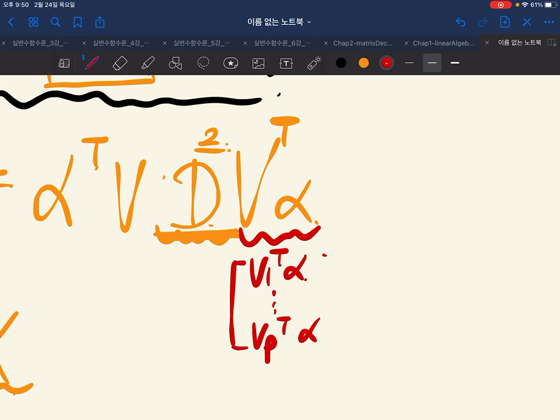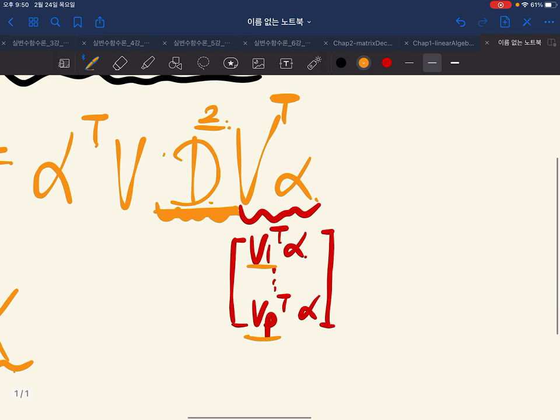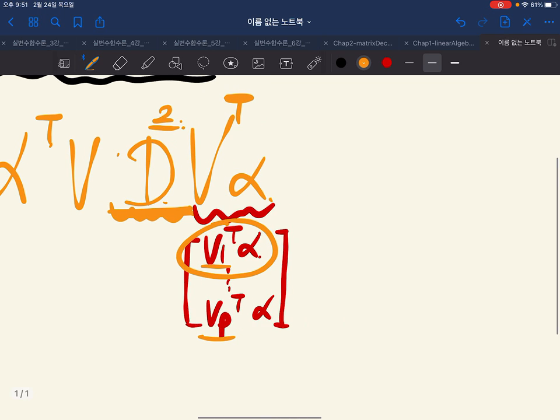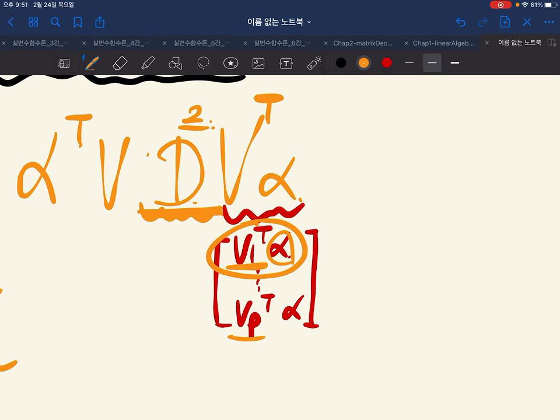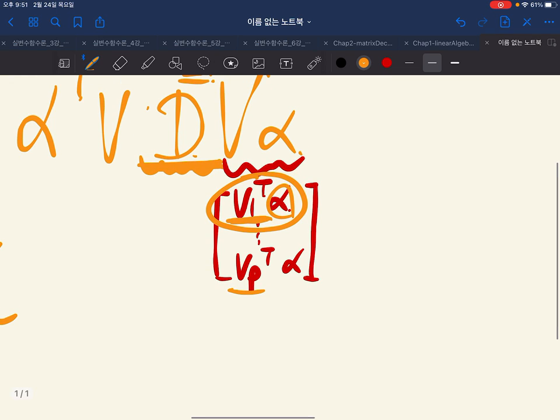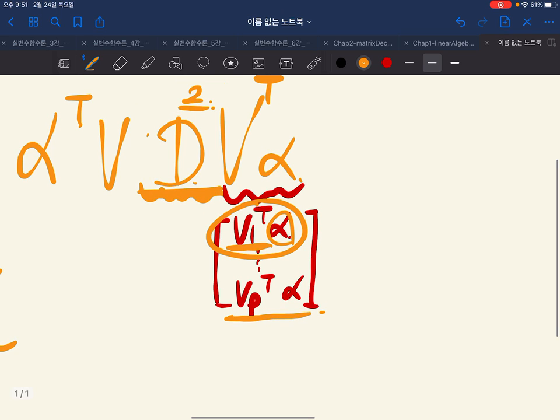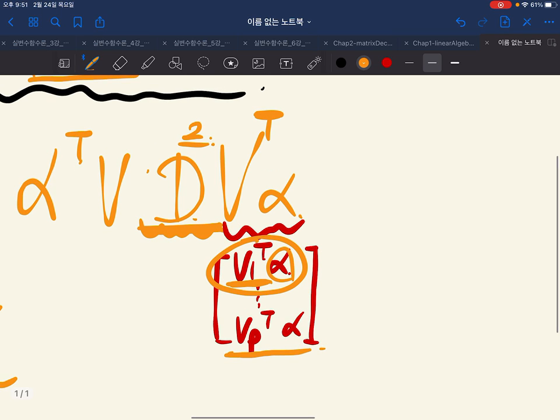So each V1, V2 until Vp refers to the eigenvectors. So this can be understood as a scalar projection of the vector alpha onto the direction of the first eigenvector. So it's a coordinate on the first eigenvector, and the same holds for the other p minus 1 elements of this vector V transpose alpha.